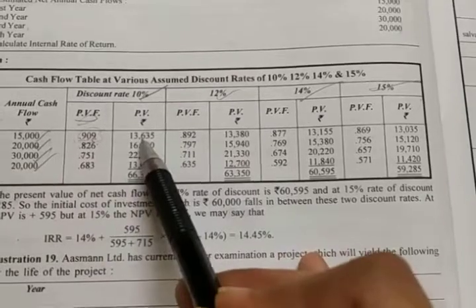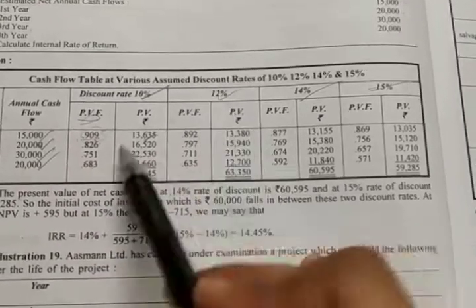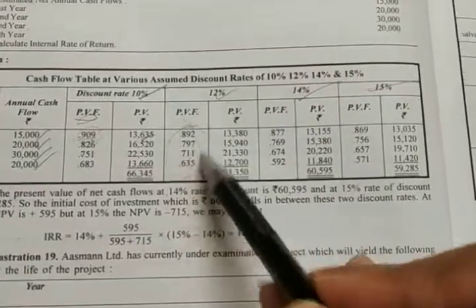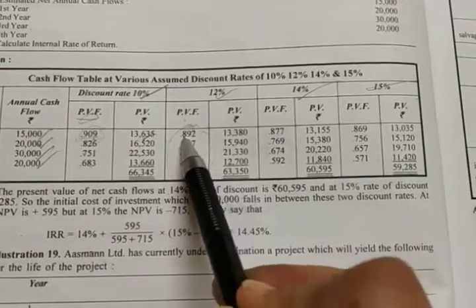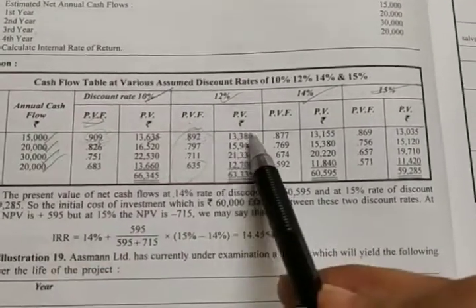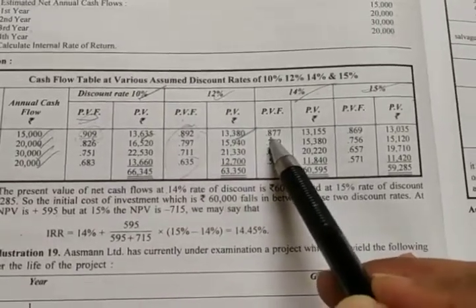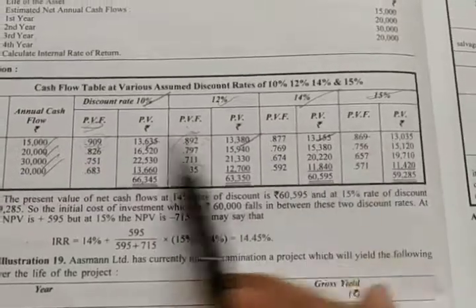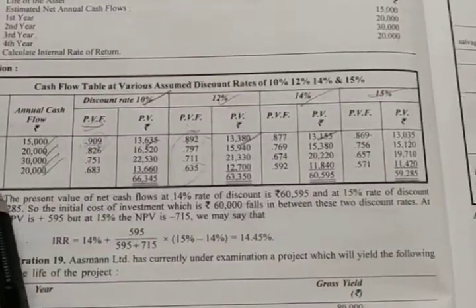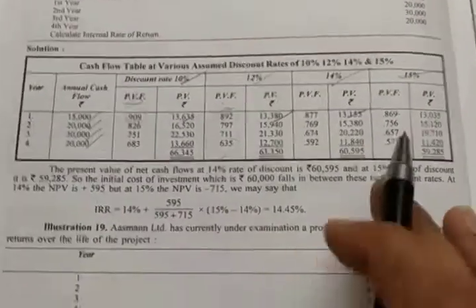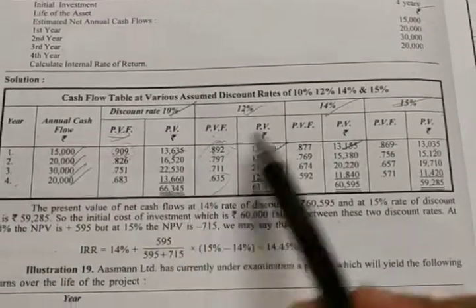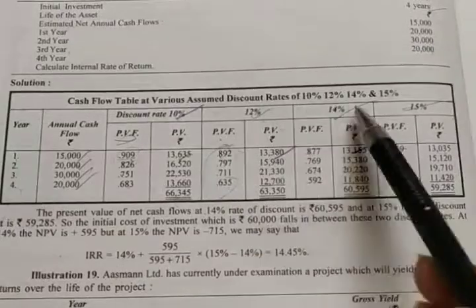You will get this. Again you are going to see the table and see all the PVF amounts, and you are going to multiply again 0.892 into 15. You will get this amount. Again 0.877 into 15, you will get this one, and again you will get this one. Like this you are going to calculate up to 4 years. After this you are going to total all the PVs of 10, 12, 14 and 15.